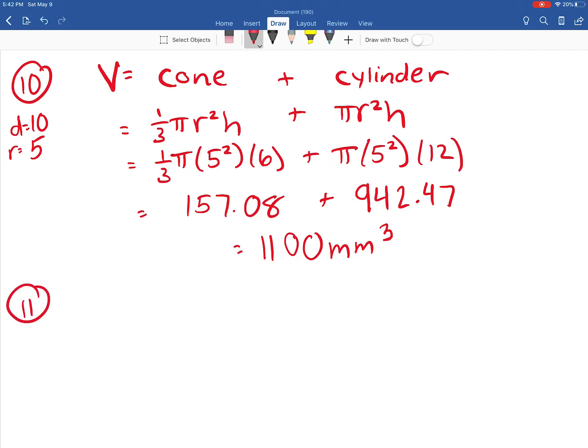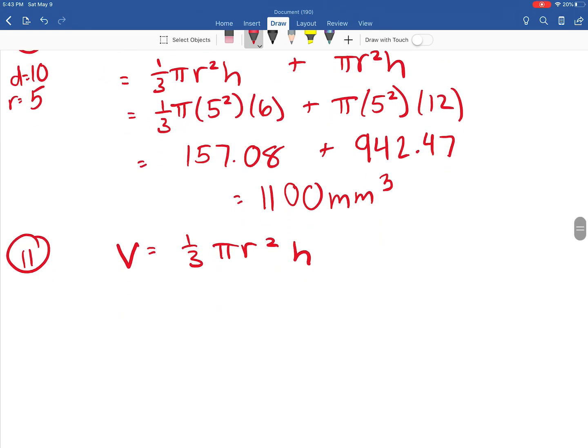Number 11. If the dimensions of the cone are doubled, what happens to the volume? Well, if our volume formula for a cone is 1/3 pi r squared h, and I'm doubling, that means I'm multiplying by 2. Remember, whatever I do to one side, I have to do to the other. So I would start by doing r times 2, which means I would have to multiply by 2 on this side.